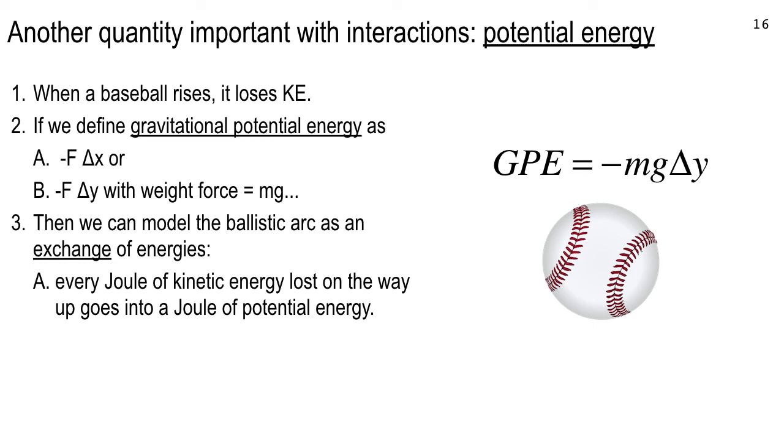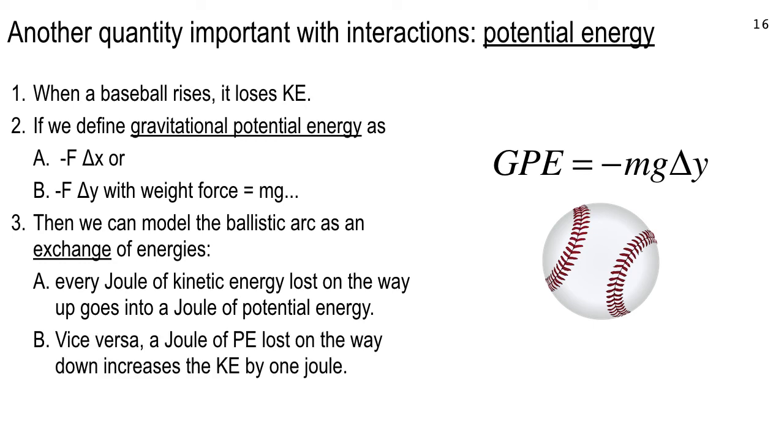Potential energy is exchanged to kinetic energy and back and forth as something goes up and then comes down. All right, so that's why we're doing it. Vice versa, a joule of potential energy lost on the way down increases kinetic energy by 1 joule because it's falling.